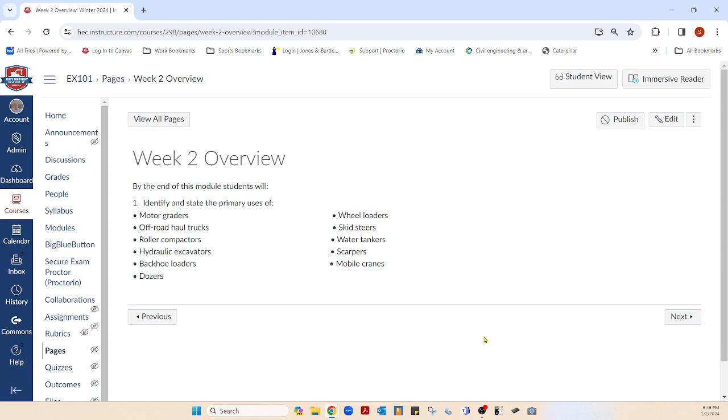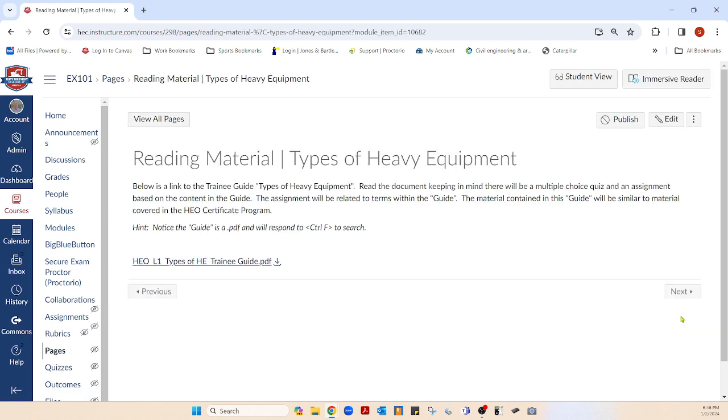Let's see what's next by surprising ourselves. Okay, reading material. This is a link to the training guide, and you may have already read this, but read it again because you're going to have some questions over it. Once you open it, I believe it's a PDF, but it will respond to Control F, the search.